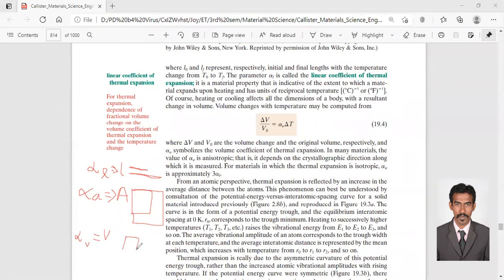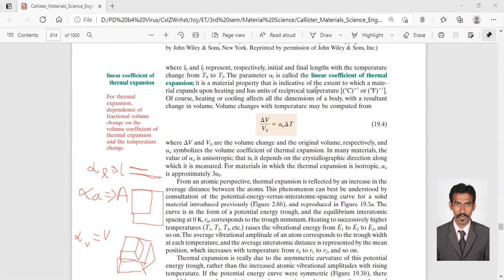That will show you a change in the volume. So if this is the initial volume and this is the final volume, these figures are not that good, but you can just imagine: volume increasing means this way length should increase, this way width should increase, and this way height should also increase.